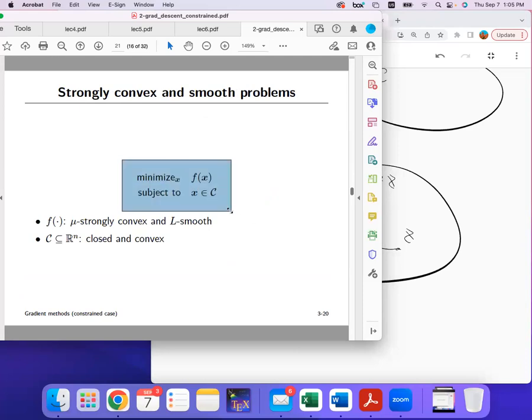Let's summarize the problem setting first. Minimize f subject to a constraint, and here we assume f is mu strongly convex and L smooth. We have seen this before in the previous lecture, but there we didn't have a constraint. F is mu strongly convex and L smooth, and C is a convex constraint set.